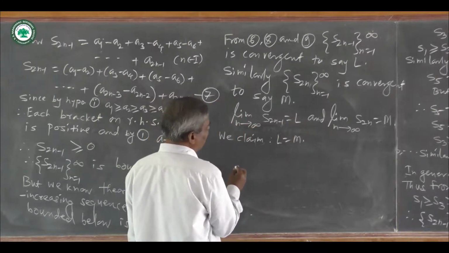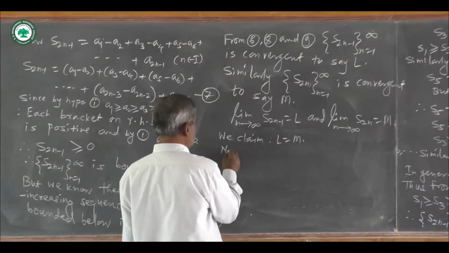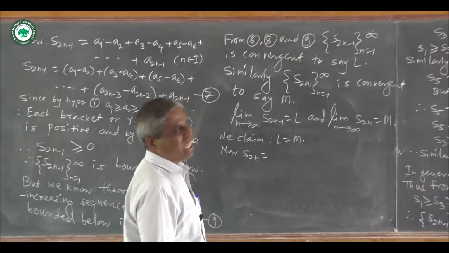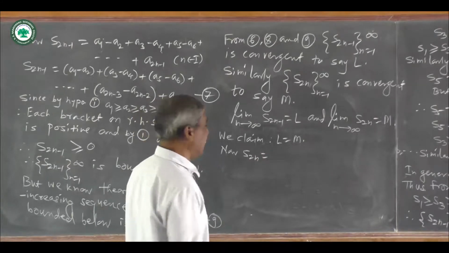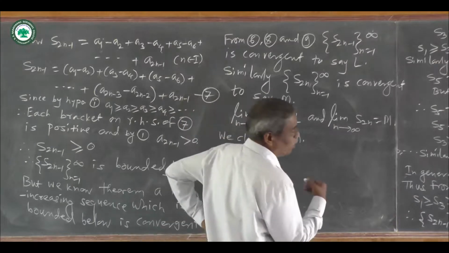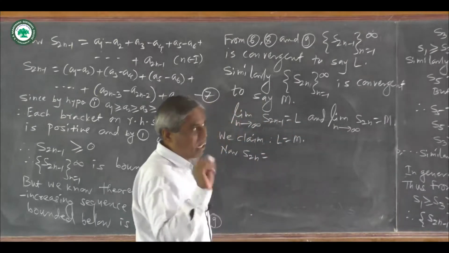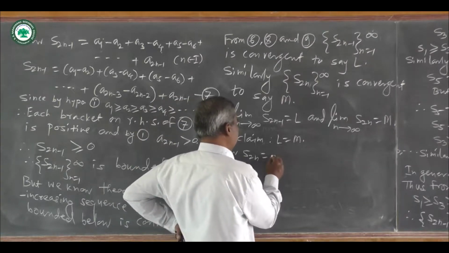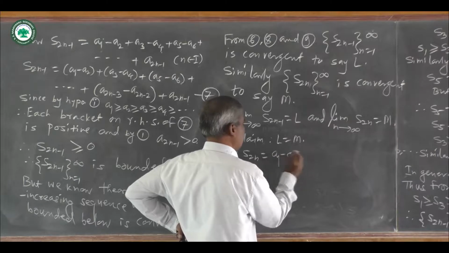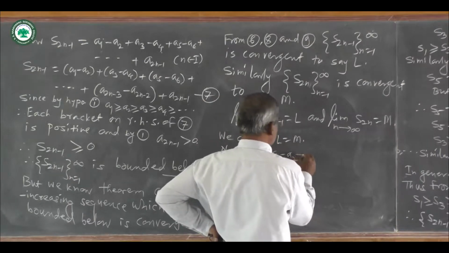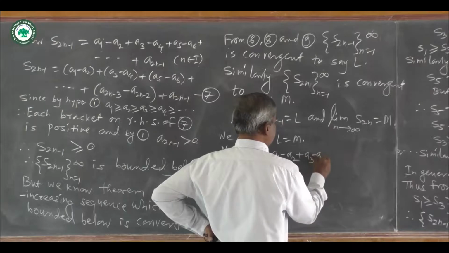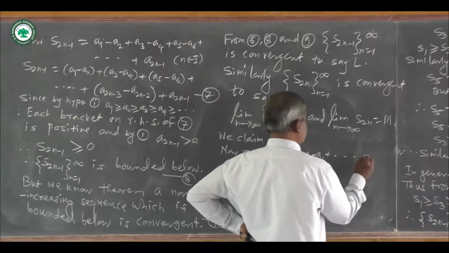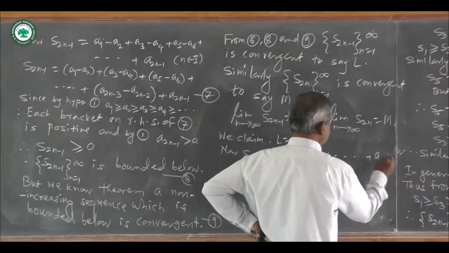Now S suffix 2n is the sum of the first 2n terms of the alternating series summation n equal to 1 to infinity of minus 1 raised to n plus 1 into an. That is a1 minus a2 plus a3 minus a4 plus and so on. Last term is a suffix 2n.